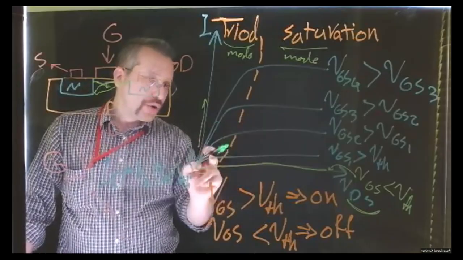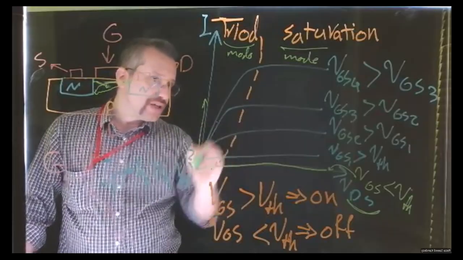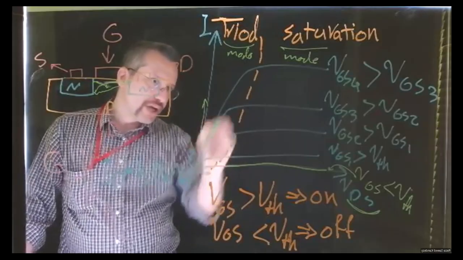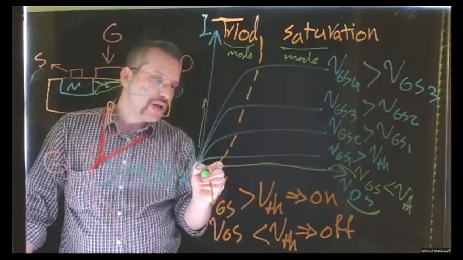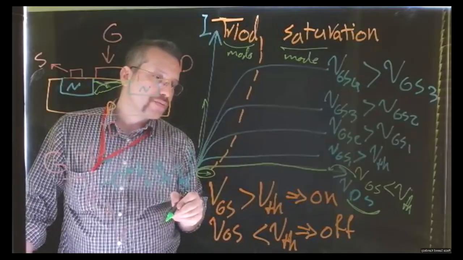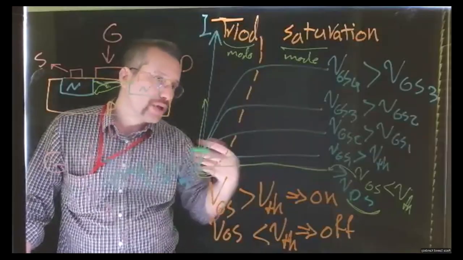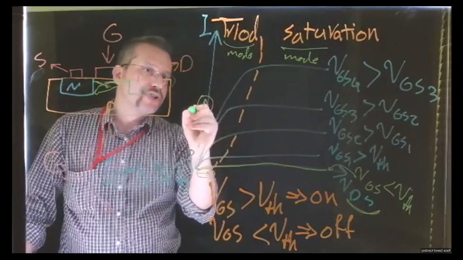Here we have a line. That means we can use this line as a ratio. If we consider the voltage between drain and source as an input, this ratio would multiply that input and give us the current, which is the output.